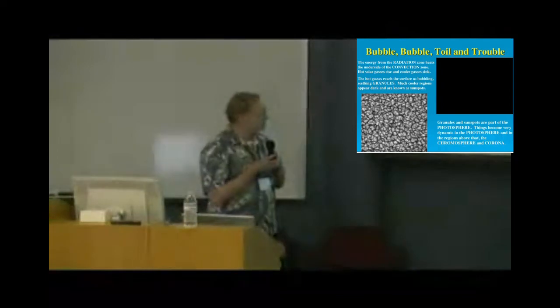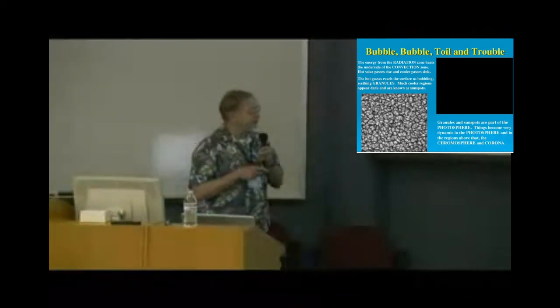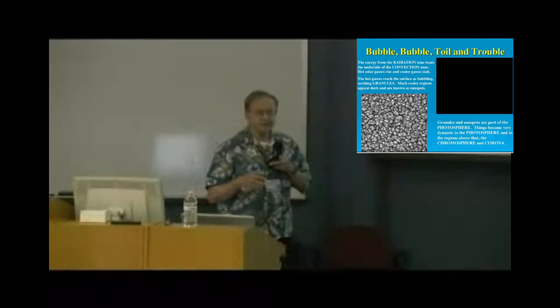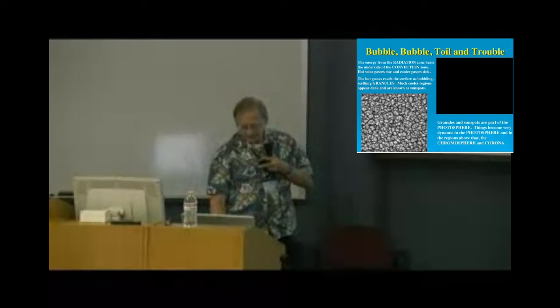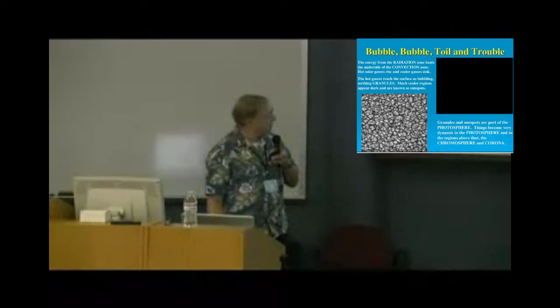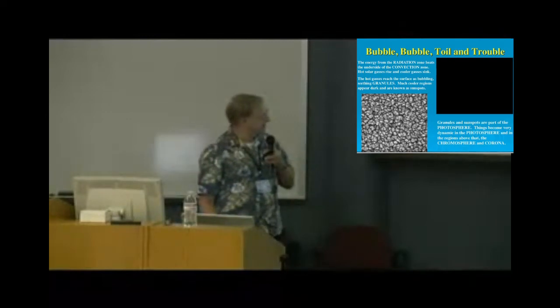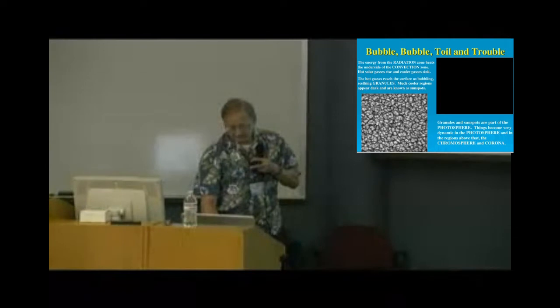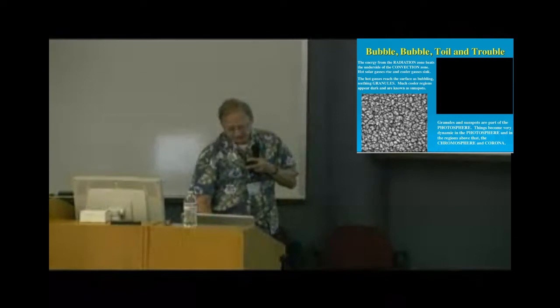If you take a time-lapse photo of that, it will show that these granules look like boiling water. A whole bunch of boiling water. Each of those granules, the tops of them, is about the size of Texas. So it's a fairly dynamic thing that's going on there.